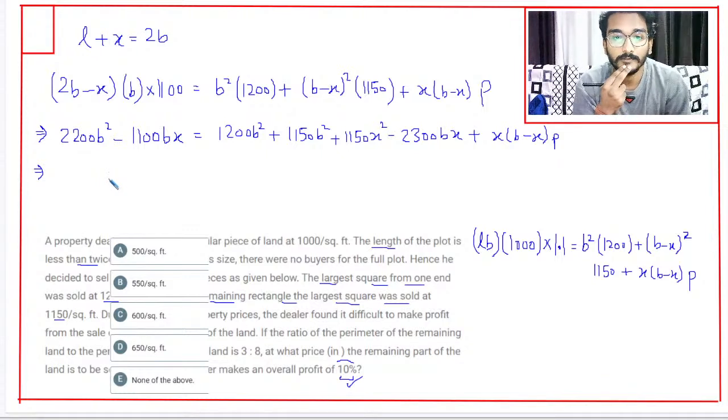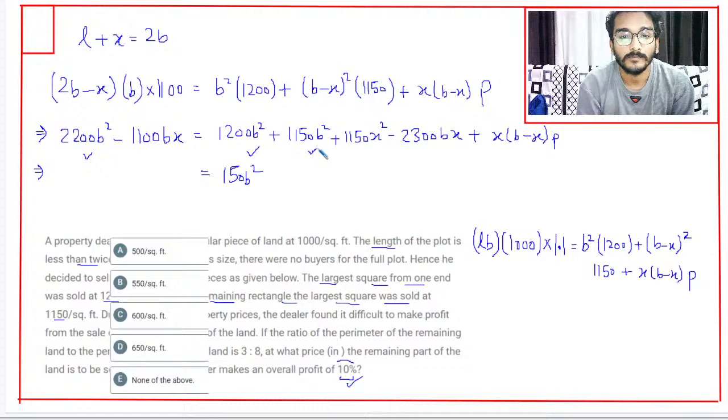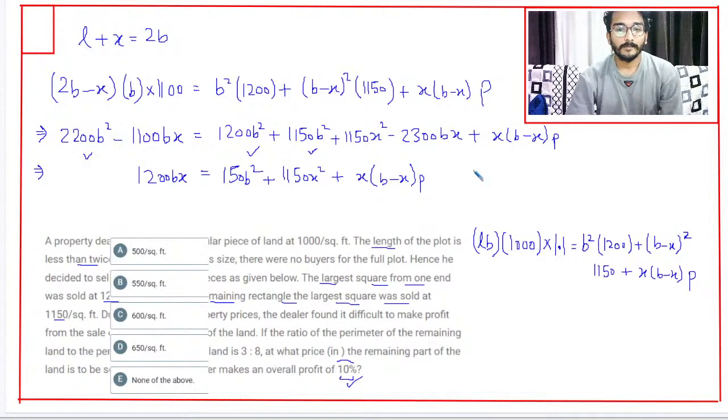So solving this one, we have 1200 b square, and 1000 taken here, 150 b square is there. B square is done. We have bx. So bx at left hand side would be 1200 bx, and x square is remaining.